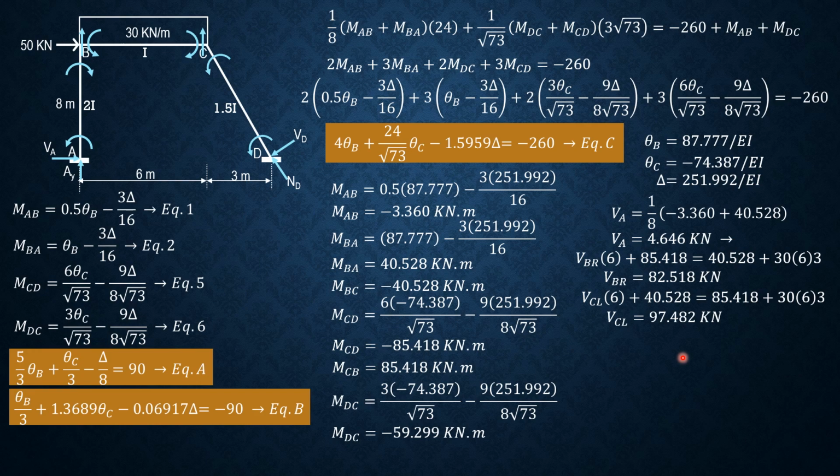Then shear D times is 1 over square root of 73 of MDC, which is 59.299 plus MCD, which is 85.418. So shear at D is 16.938 kilonewtons and in that direction there.